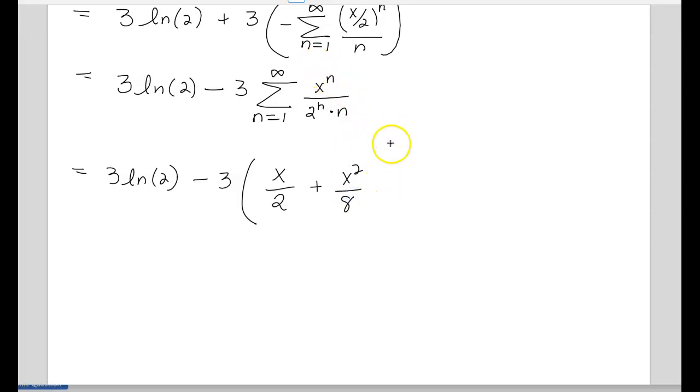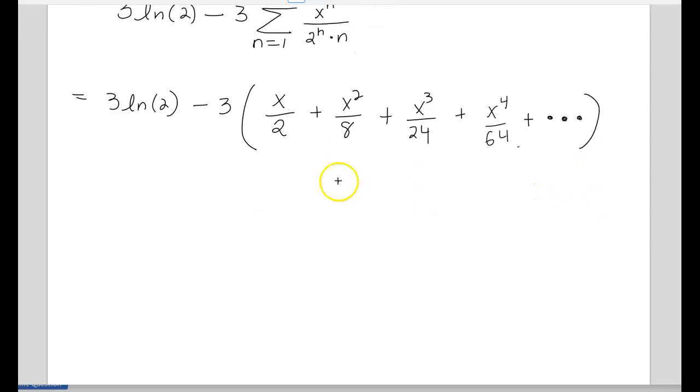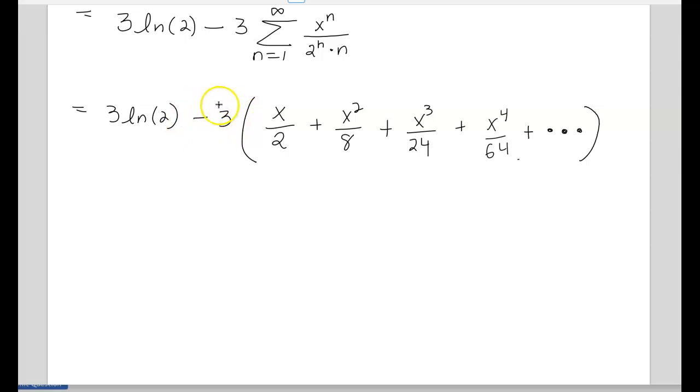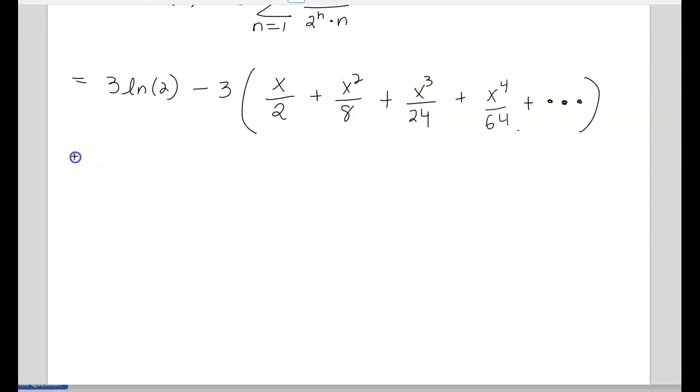When n equals 3, you'll have x cubed over 2 cubed, which is 8, times 3, which is 24. And I think we'll get one more. When n is 4, you'll have x to the 4th over 2 to the 4th power, which is 16, times 4, which is 64. And this is going to go on infinitely, dot, dot, dot. But really, these coefficients are all being multiplied by this negative 3, so I'll just write it out like that.